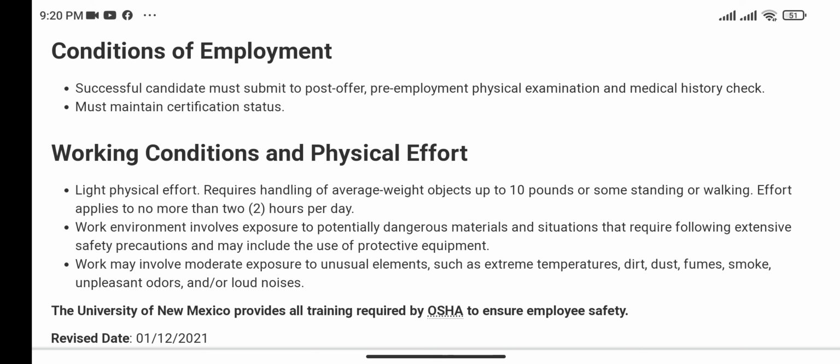Work environment involves exposure to potentially dangerous materials and situations that require following extensive safety precautions and may include the use of protective equipment. Work may involve moderate exposure to unusual elements such as extreme temperatures, dirt, dust, fumes, smoke, unpleasant odors, and or loud noises.